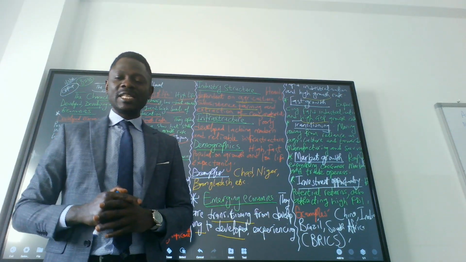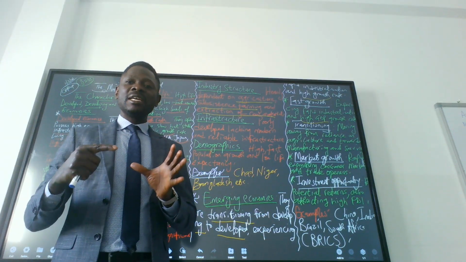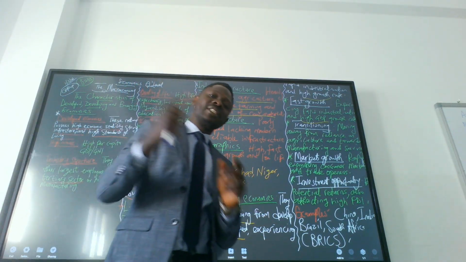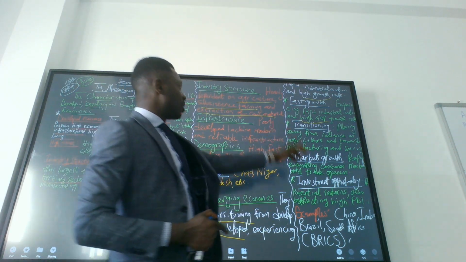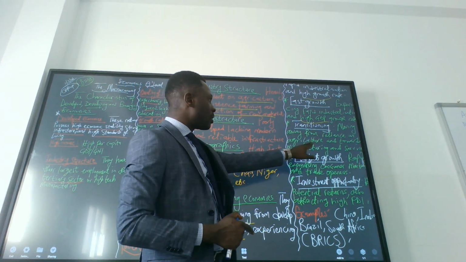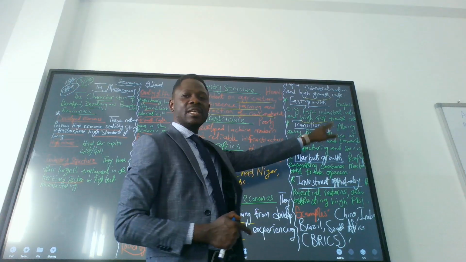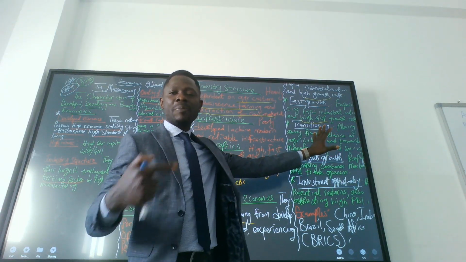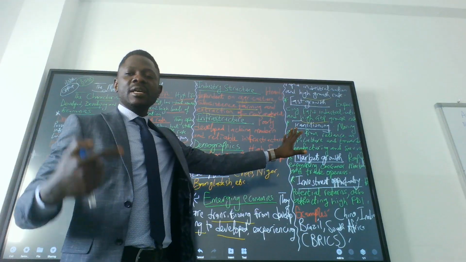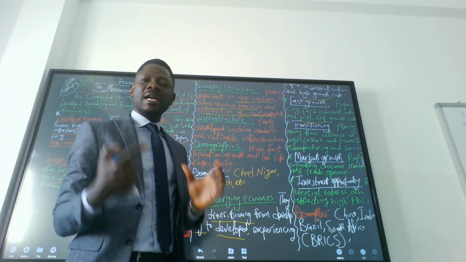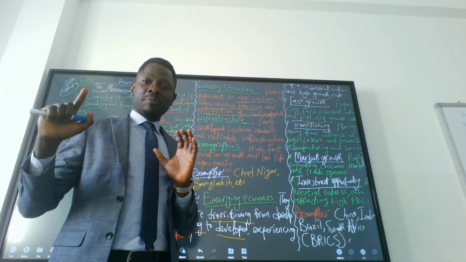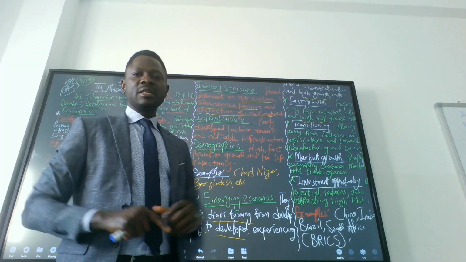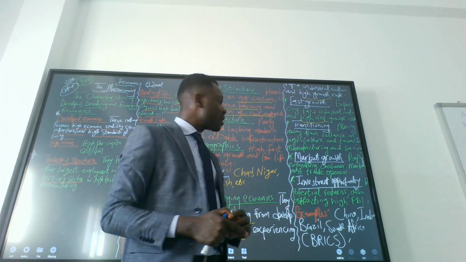That is what industrialization is. It simply means the transition from the primary sector to the secondary sector, moving away from reliance on agriculture and towards manufacturing and services. So emerging economies are moving from the primary sector to the secondary and the tertiary sector.